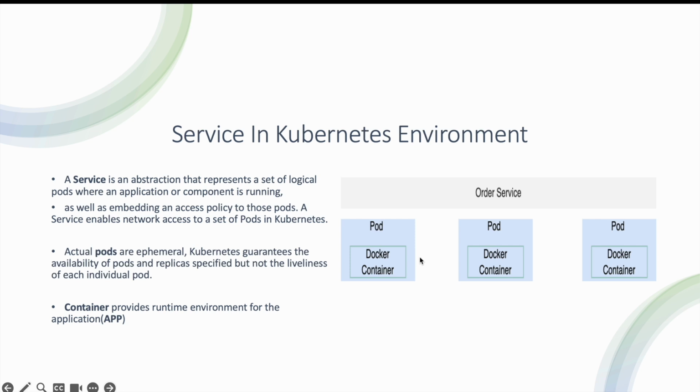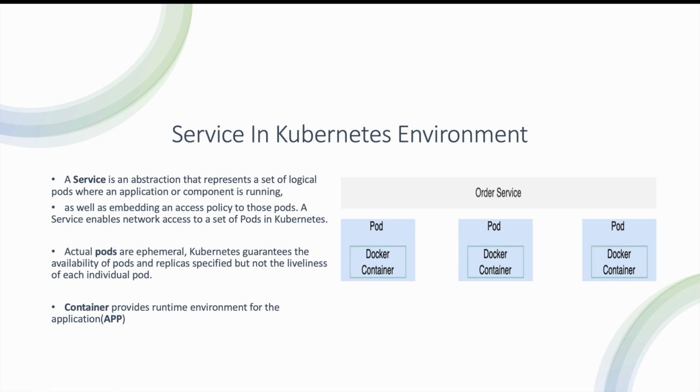Now if we deploy individual pods, they will have different IP addresses. If some other service wants to access these pods, and one of the pods goes down, it will be difficult for the other service to access them.